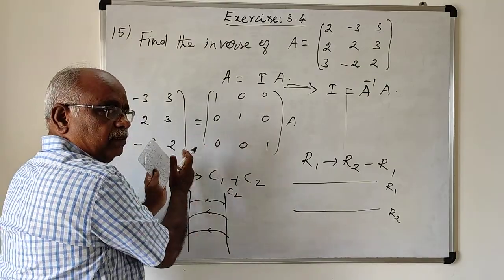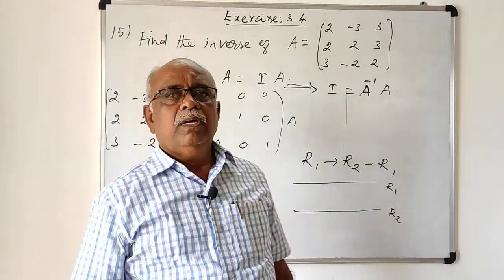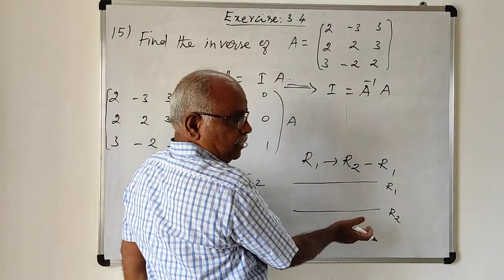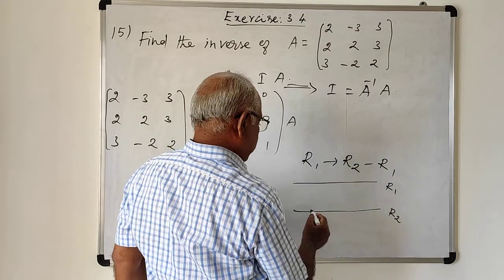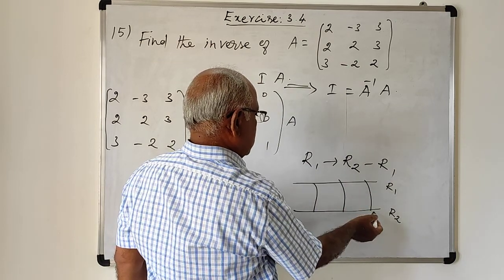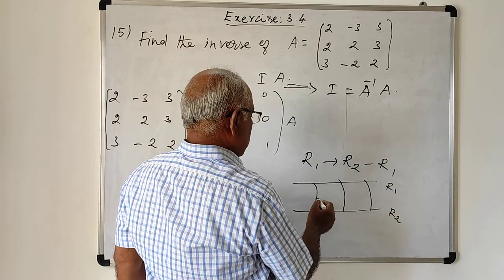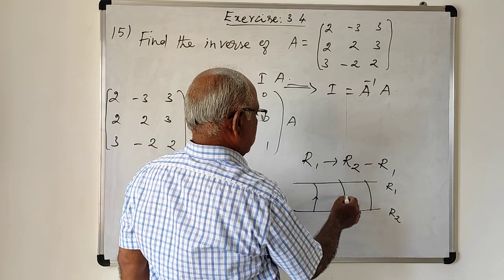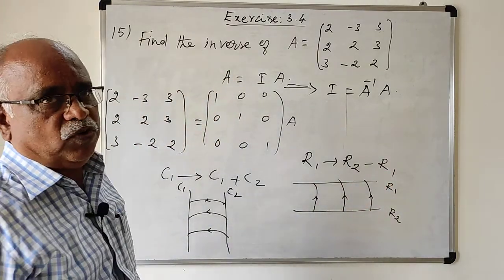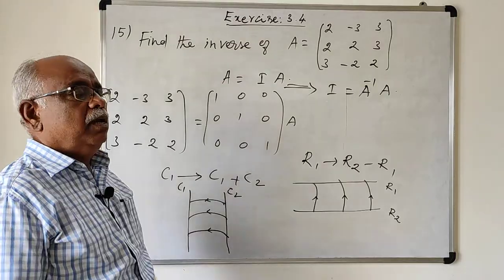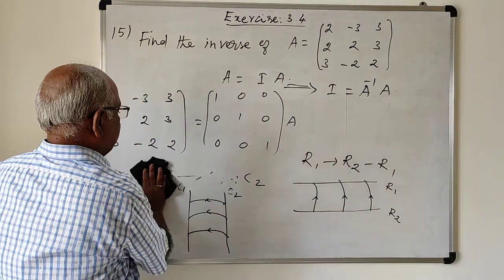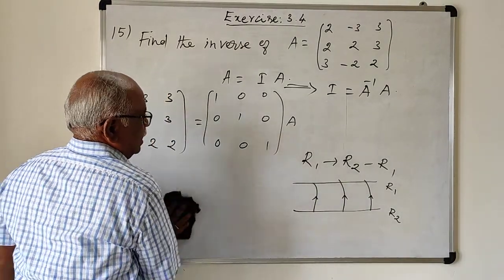Row operation is horizontal addition or subtraction of rows. The elements of R1 are subtracted from R2, that is R2 minus R1, and you write it in the first row. Like that the operations are performed, keep it in mind. Using this idea, I am going to find the inverse of the given matrix A, the 15th problem.